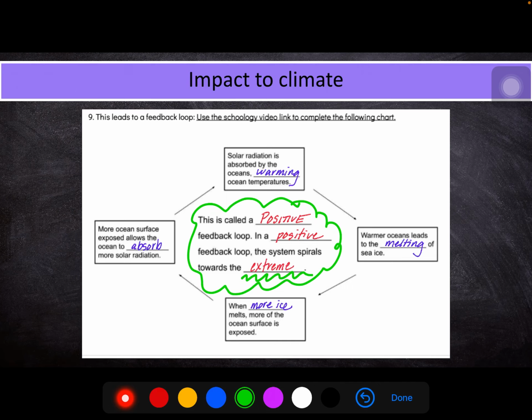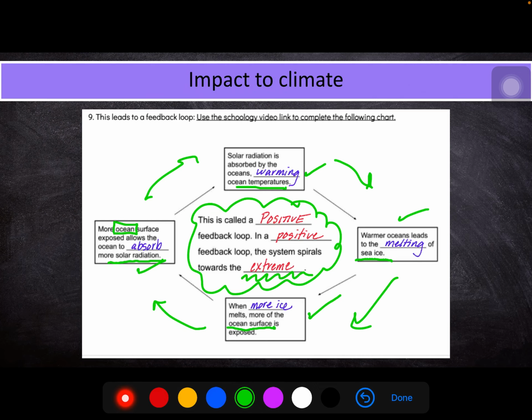So when the oceans warm up, we get ice to melt, which means there's more ocean, which means more solar energy is absorbed because that's what oceans do, which means they warm up, ice melts, more ocean, more absorption. And again, this continues to happen in this kind of quick spiral. So that's our number 2.